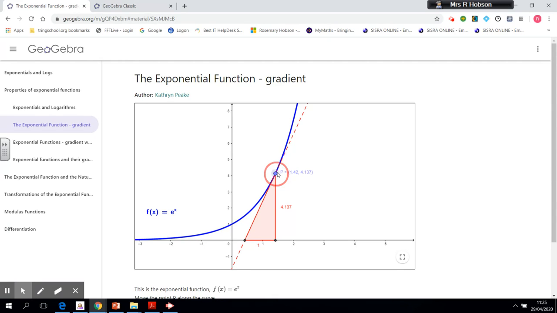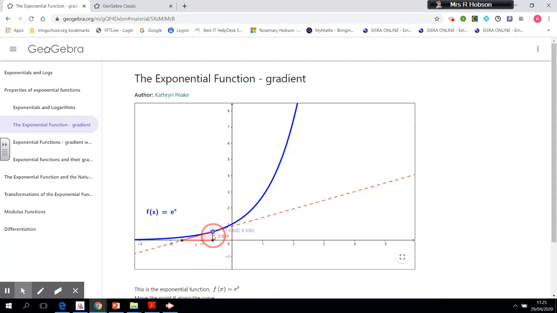So what happens at other points? Let's try here. We have that x is 1.947, my y value is 7.006, and here my gradient again is 7.006. Does this happen, that y and the gradient are the same everywhere? Let's have a look. Yes, here my y value is the same as my gradient.